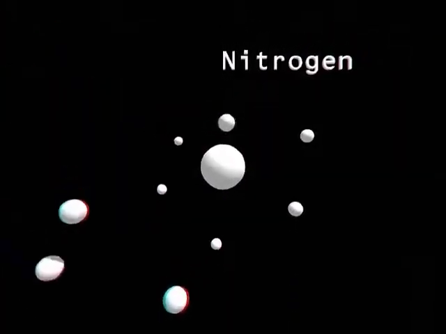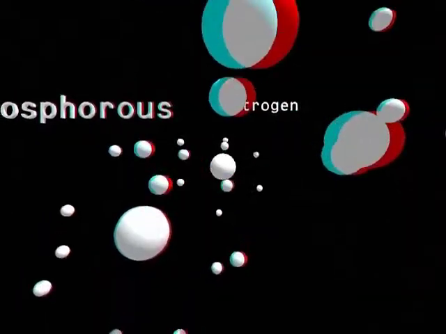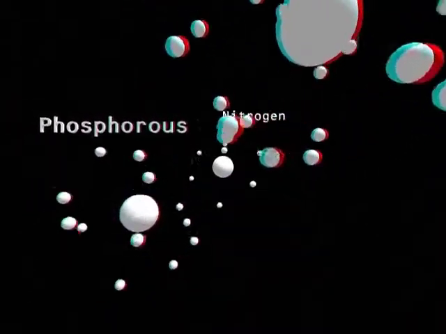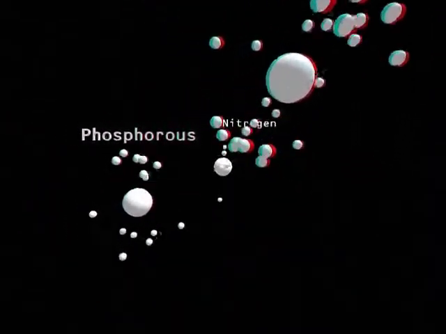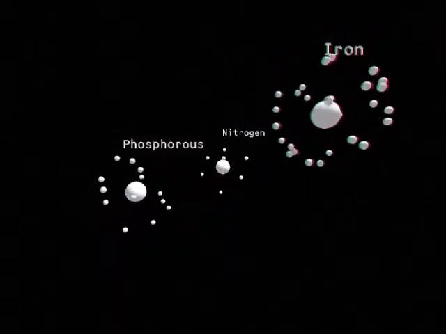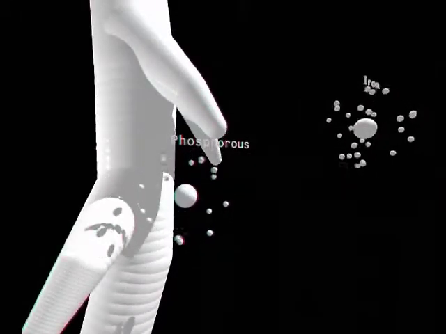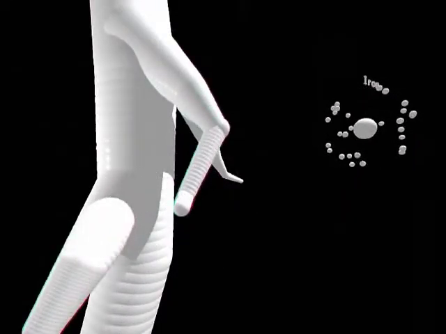In addition to sugar, plants need other elements like iron, nitrogen, and phosphorus. Normally, plants acquire these elements from the soil using their roots. However, many soils do not contain these elements.